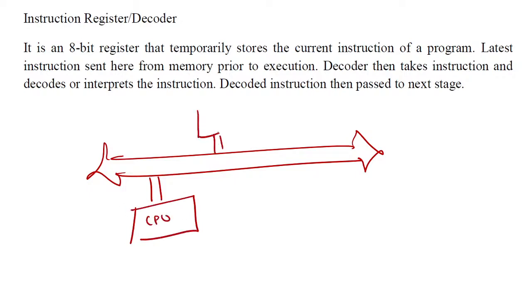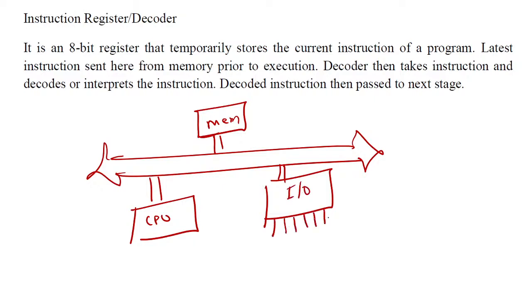We have a memory and an input output controller, and let us say we have 8 input output devices connected to it. So the addresses of the input output devices will be 000, 001, and so on. It will be a 3-bit address. Let us say memory also has 8 locations, which means the memory address will also be 3 bits.